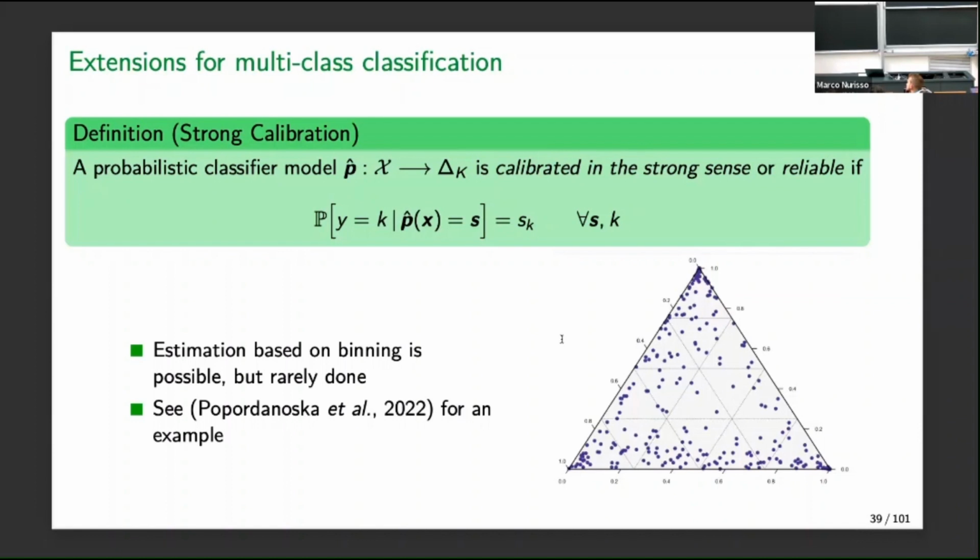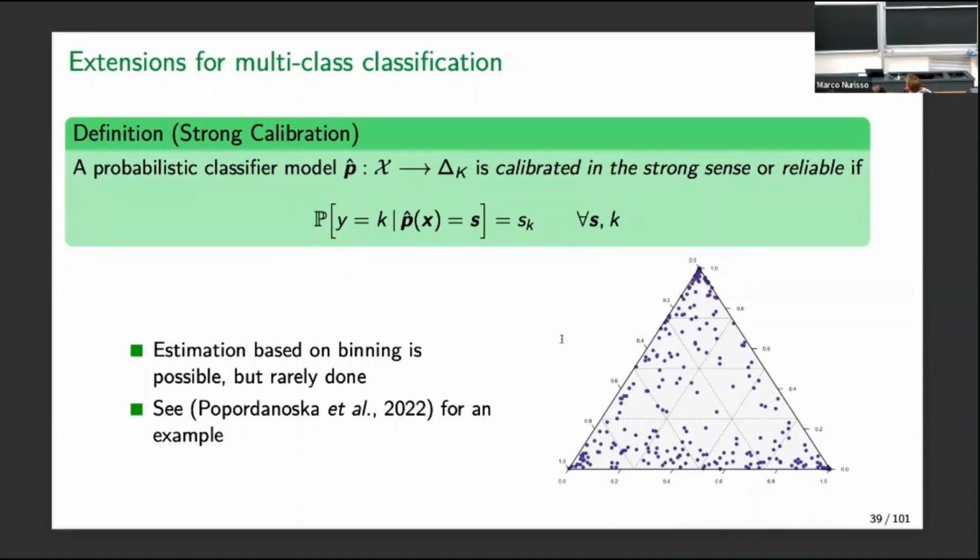This is an example, a picture from that paper, where you see all those triangles. It's a three-class problem in this case, where the probabilities are in the simplex. And you see already that in some bins there are very few observations, even though this is not a very small data set. Some of the bins really become infrequent, and that's a problem with binning there.